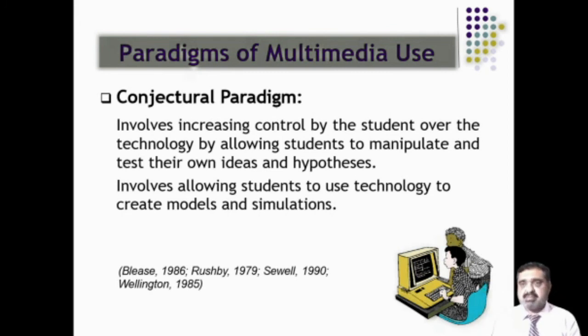For example, by modeling. Modeling must be distinguished from simulation. Every simulation involves using simplified representations, for example, a model of some situation. But in a simulation, the model is already created by the programmer.